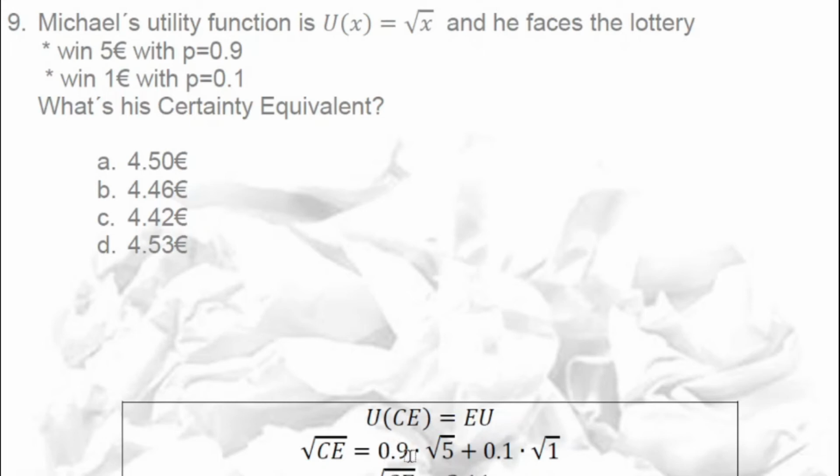This is equal to 0.9, the probability of the good state of nature, times the square root of the outcome 5, plus 0.1 times the square root of the outcome 1. If we do these calculations, we find 2.11, and if we square it to isolate CE, we find 4.46. That is the certainty equivalent.